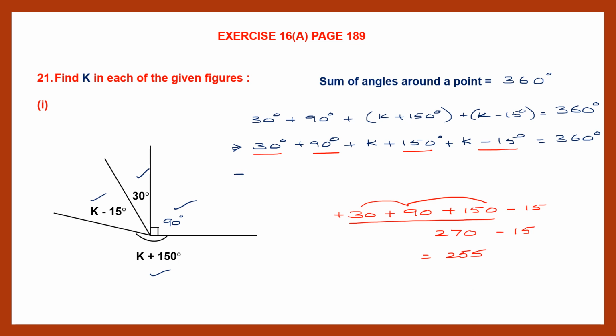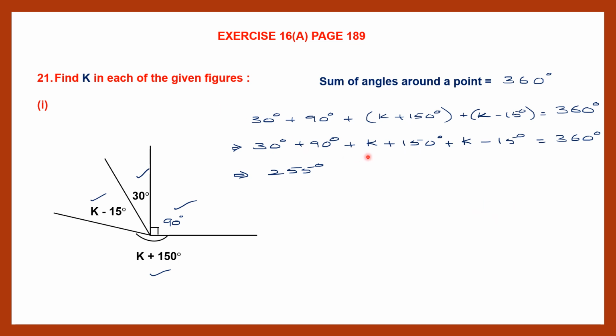So let's write it there. 255 degrees, we finish adding the numbers. Now let's look at the k's. Now there is 1k here and 1k here, so that is plus 1k. Here also plus 1k. 1 plus 1 is 2. So that is plus 2k is equal to 360 degrees.